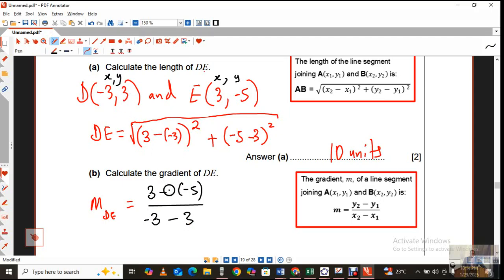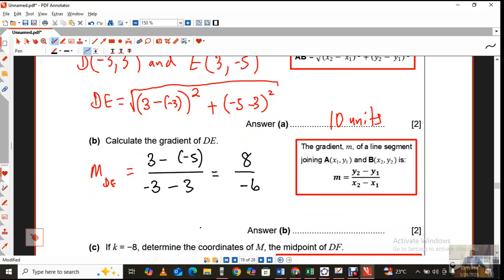It was 3 minus negative 5. Now, this on top is 8. This on top is minus 6. If you were to clean this up, which is already your answer, by the way, because you will already get a mark for that, but you can simplify it, and it simplifies to negative 4 over 3, or anything equal to that. Okay, you can put it as a mixed number, and so on. That's how you find the gradient.